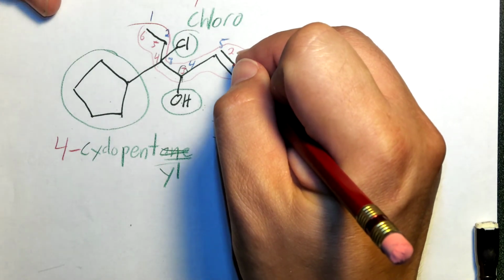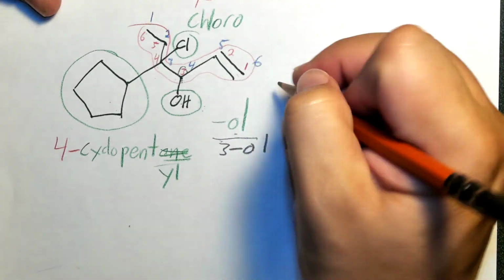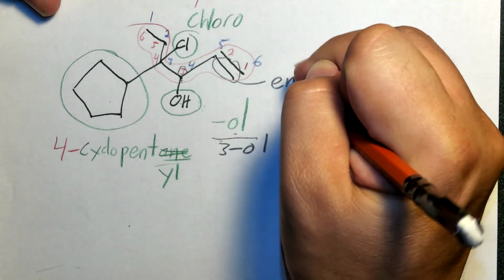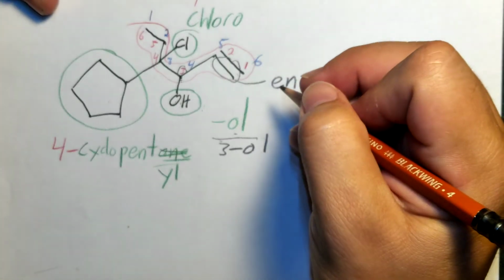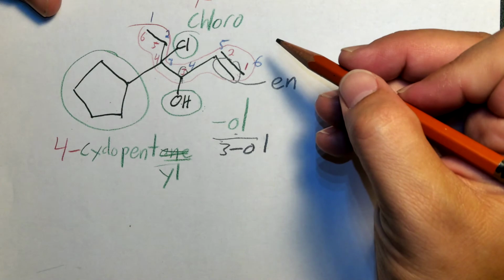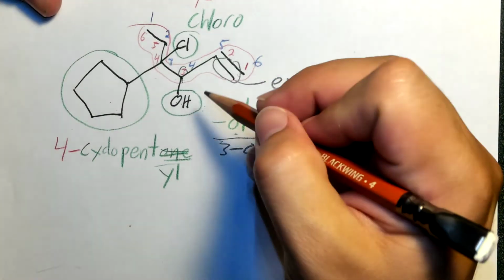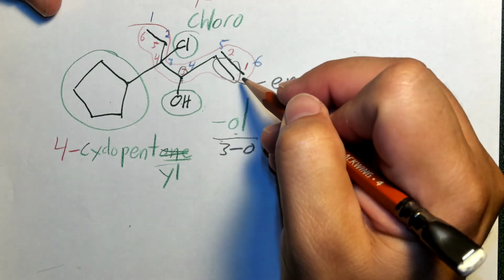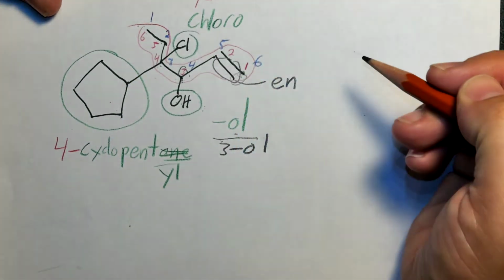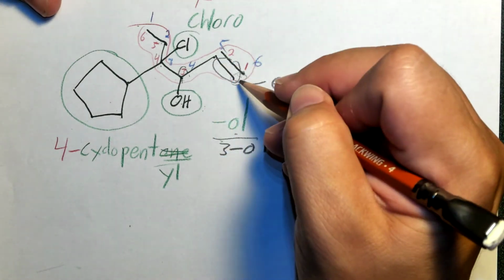The double bond unsaturation we name ene. So this right here, ene for double bonds, and you number it. I think I said 2 earlier. My apologies. Forgot what direction we were going. We're going this way, 1, 2, 3, 4, 5, 6. So you always number it based on the lowest of the two numbers that are connected to the carbons that make up that unsaturation.